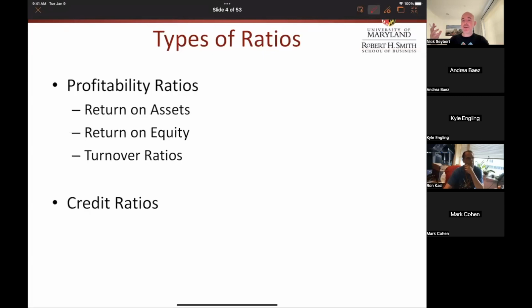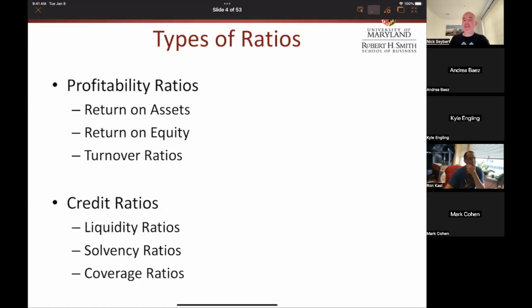And then the other big category is credit ratios. Credit ratios look more at the debt side of things, the capital structure, the riskiness of the company using credit. Can it meet its current obligations? Within credit ratios, not everyone totally agrees where things fall in the subcategories, but you generally have liquidity ratios, solvency ratios, and coverage ratios.